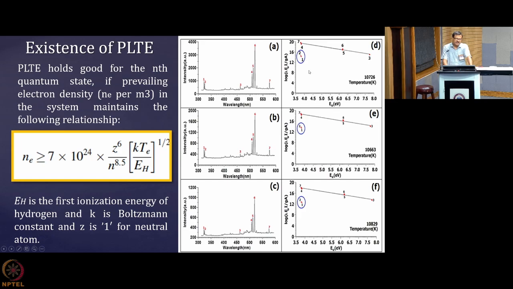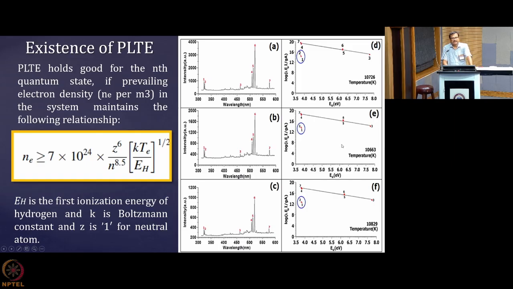And this is not seen in only one instance. This is seen in a number of instances whenever you capture the spectra and analyze using a Boltzmann plot. You always see that these two lines are not as per the Boltzmann plot.